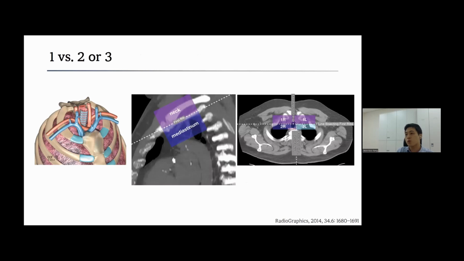As I mentioned before, the differentiation between station 1 and station 2 or 3 is very important because if the lateral station 2 or 3 is N2, but if the lateral station 1 is N3, the core concept is that station 1 is outside the thoracic cage and station 2 and 3 are inside the thoracic cage.